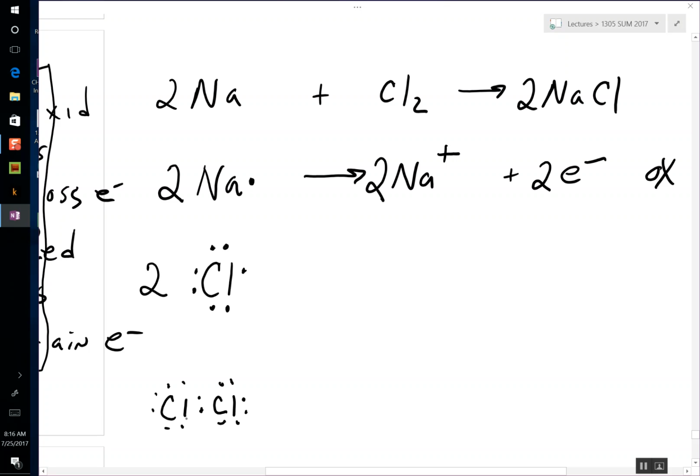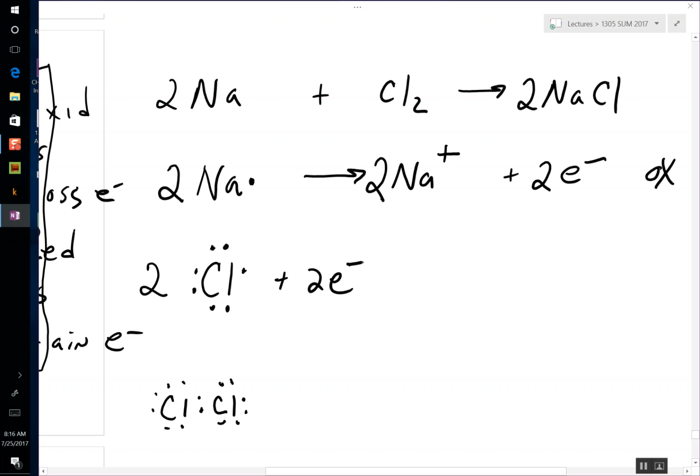But the individual chlorine atom is lacking an electron right here. This is why it is diatomic. It decides, well, I'm going to link up with another chlorine atom that is lacking an electron, and we're going to share these two, and we each have an octet. So there's your chlorine molecule.